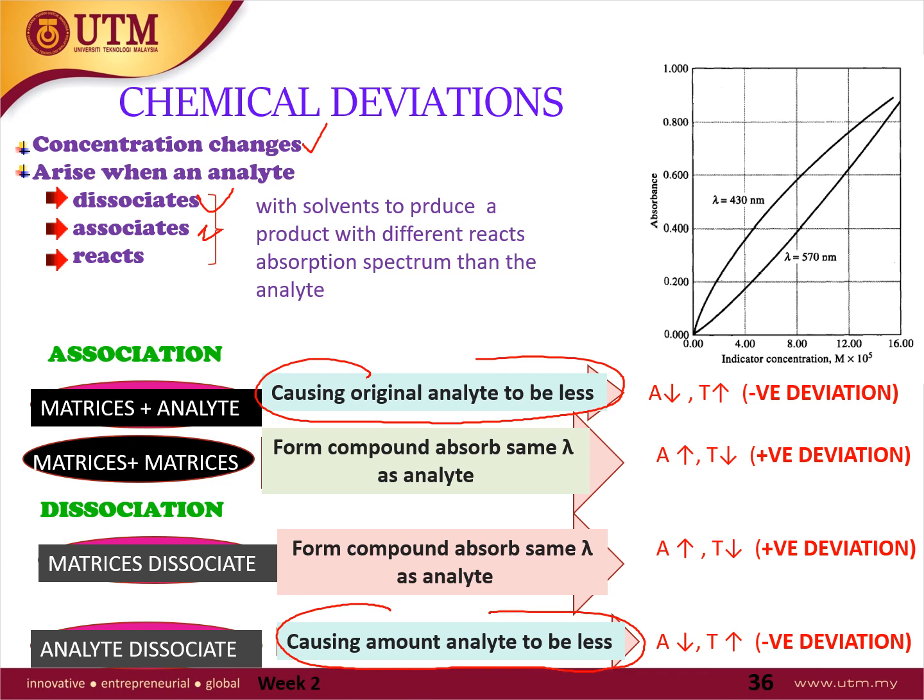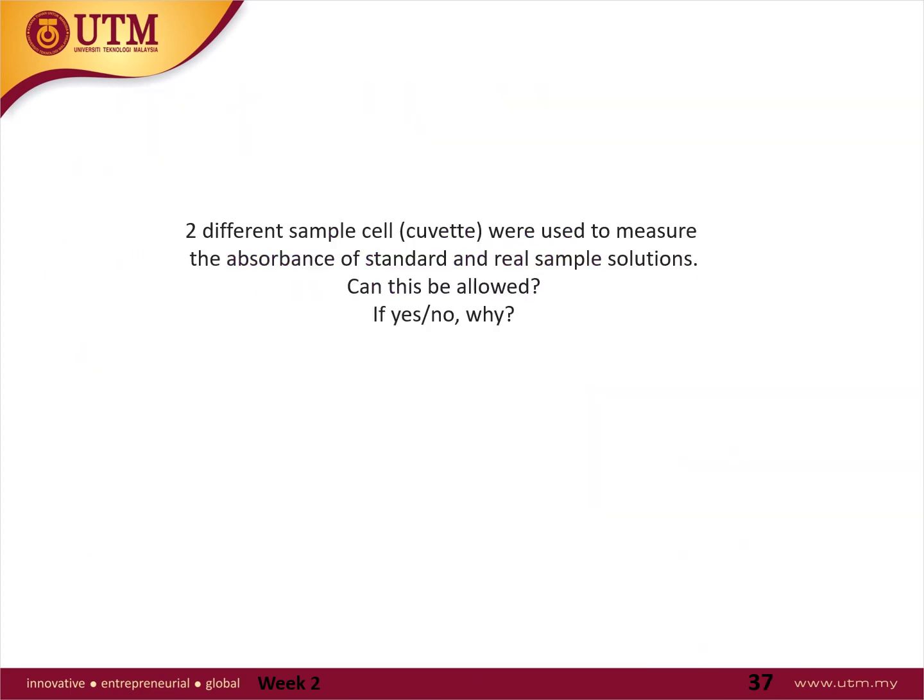Because it associates with, for example, the solvent, it will produce something else, or if it reacts with the dirty residue inside the cuvette, it will associate and react and make a new compound. Therefore, you will have a reduced amount of your correct analyte.